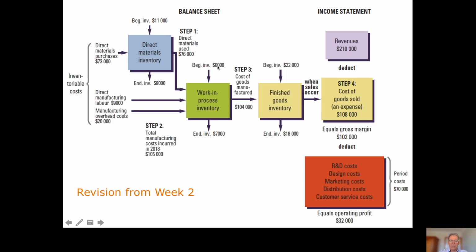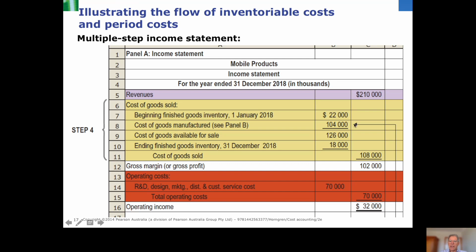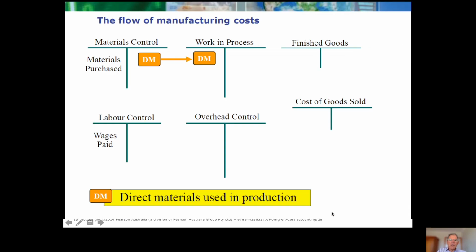Opening stock, add the values flowing in, minus whatever's on hand at the end of the period must be the value of the $104,000 transferred to finished goods, and that transfers over here to our revenue statement. So a quick bit of revision there for you, and it would be nice for you to cement that in your mind as well from week 2. So let's track the entries. So we've got these accounts here.